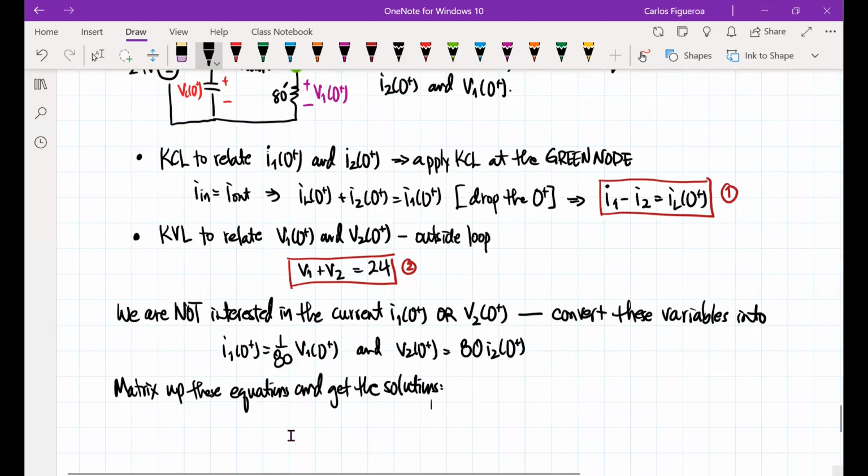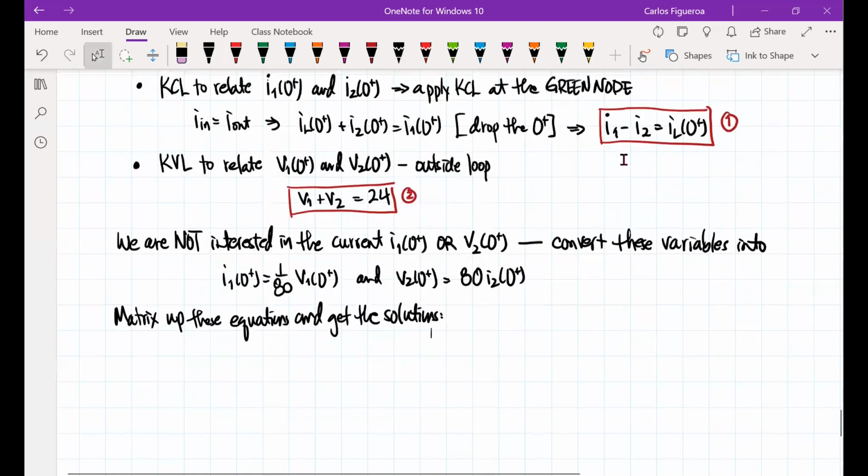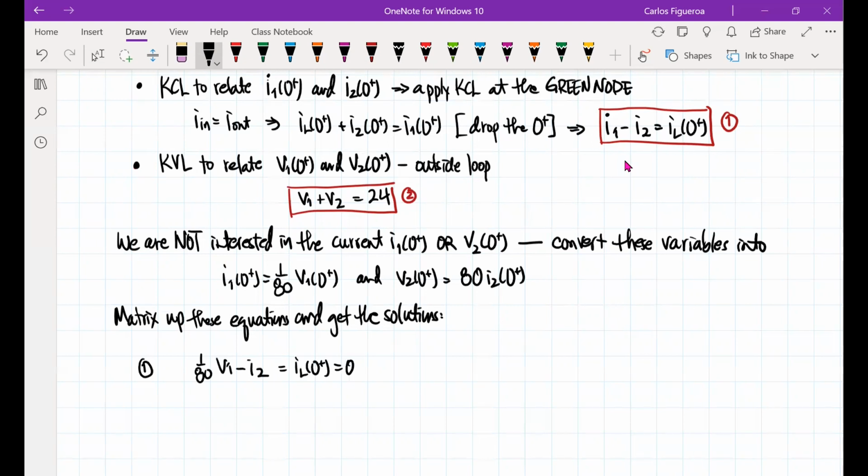So here we go. Now look at that first equation. Note that I have I1, but I'm going to convert I1 into V1. So this should be 80 times V1 minus I2. Look at equation 1, and that's going to equal IL of 0 plus, which is 0.24.